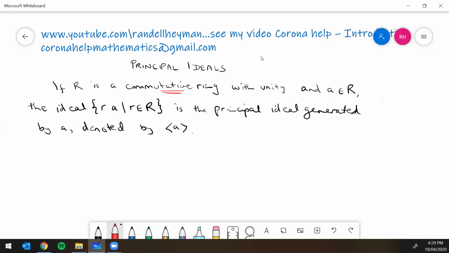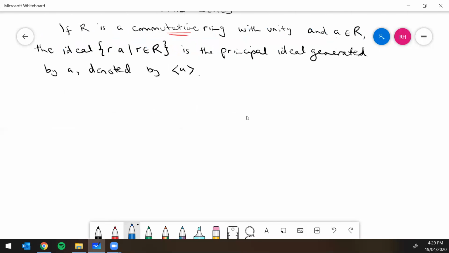Okay, so someone from the US has asked me about these principal ideals, and in particular, they're asking me questions about Z11 and Z14, I think, and some questions about principal ideals there, and actually some questions about prime ideals.